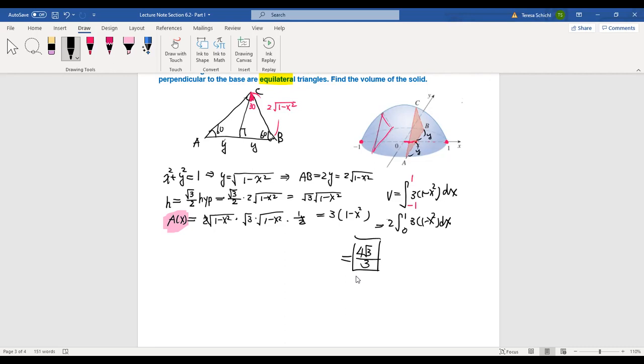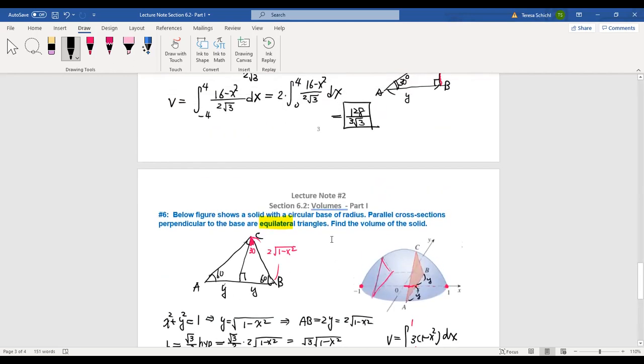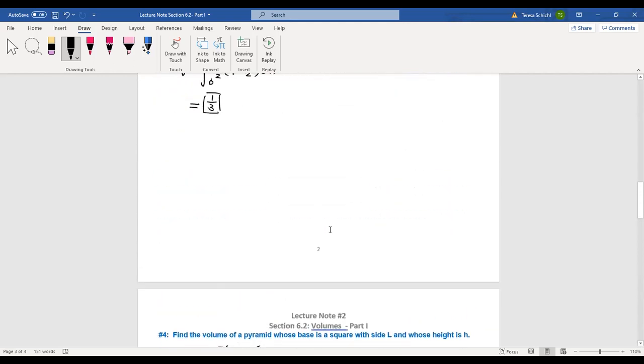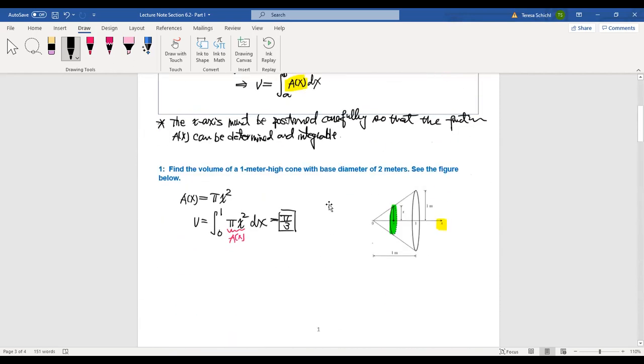Personally, I think the slicing method is a little bit harder than our next topic, rotating. But I think we talked about the key things here when you try to do the slicing.